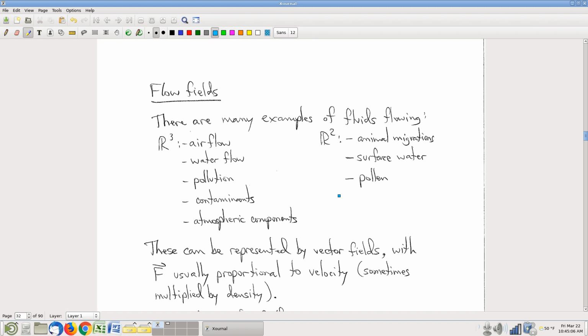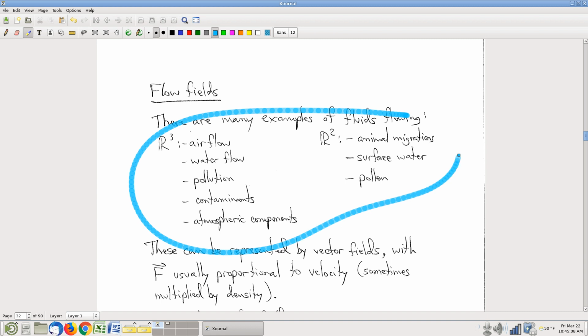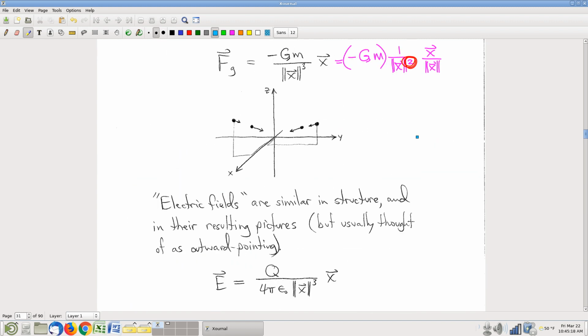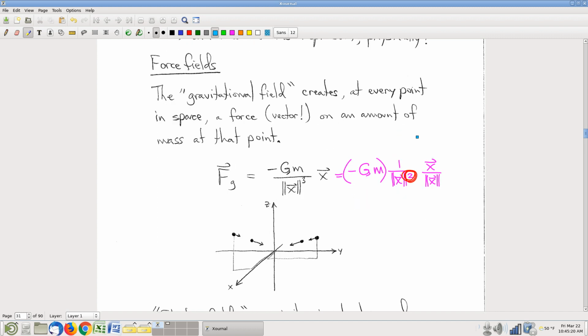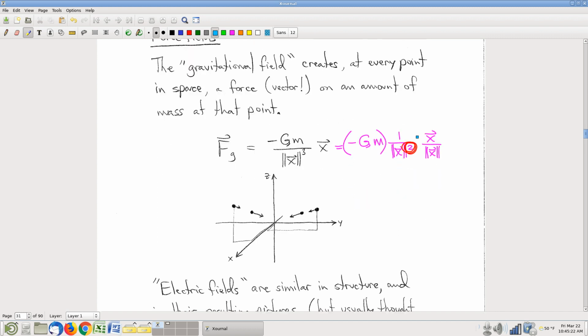So all of these examples are a little different, but they're all kind of the same in the sense that if we were to write these with vector fields, those vector fields are representing flows of fluids. That is pretty darn different from these: gravitational fields, electric fields.